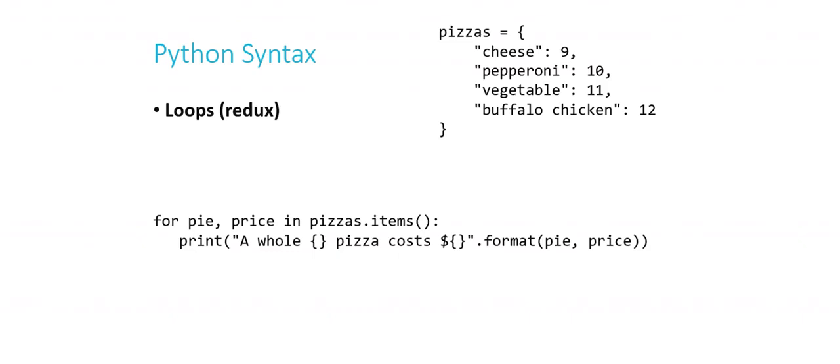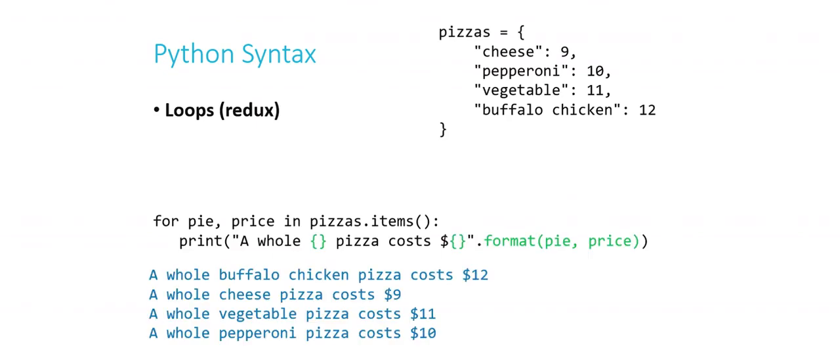But I want to actually print the key first, then the value. I don't want to have to invert them, so I don't have to plug in the ordering that I did before when I was doing the precedence example, iterating over all those tuples. And this would print out a whole buffalo chicken pizza costs $12. A whole cheese pizza costs $9. Again, going through each element and getting the key value pair and printing it out as I indicated.